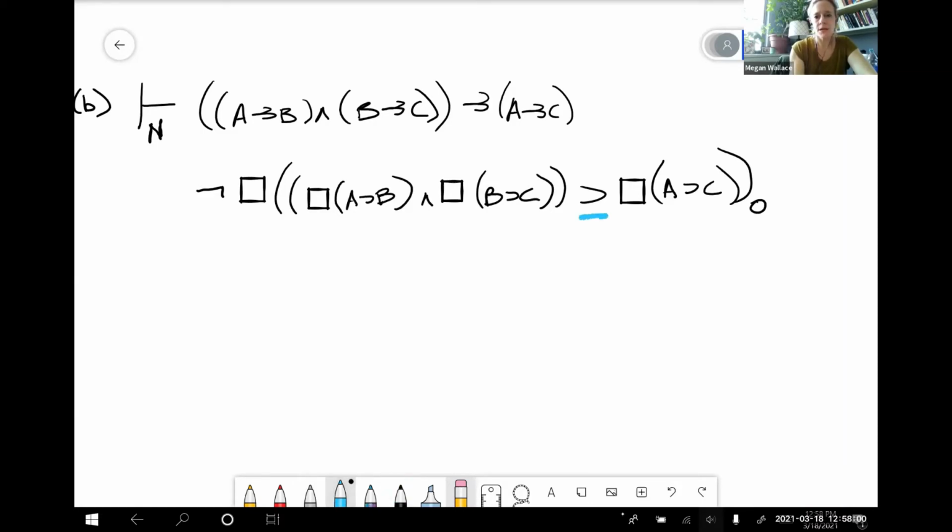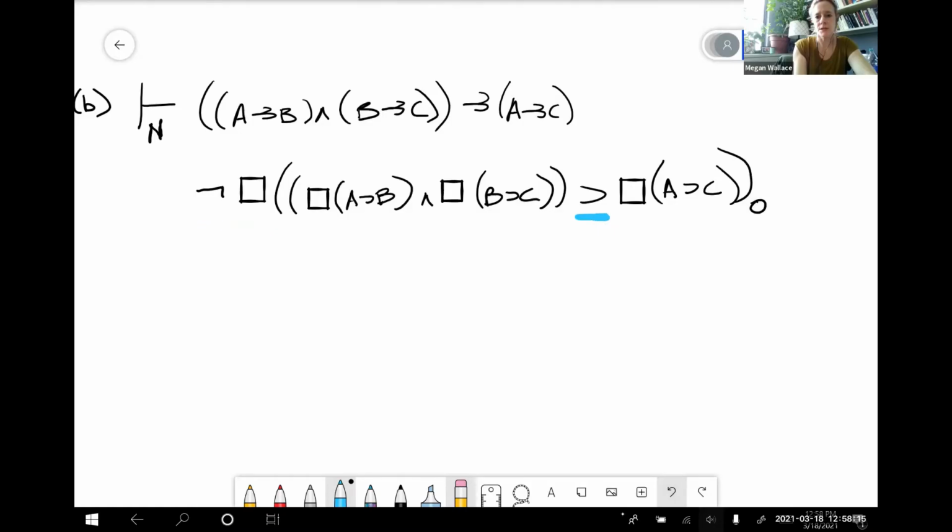This is a negated box conditional claim. So if you look out here, we've got the negated box. We need to change that, but inside the main connective is this conditional right here.